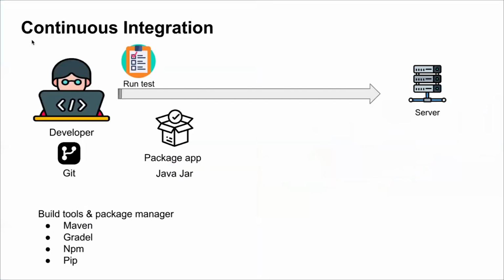As I said about continuous integration, the developer adds things to Git. It runs the test cases, builds the packages, Java files, and everything, and it gives you the details.